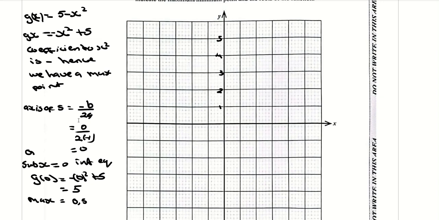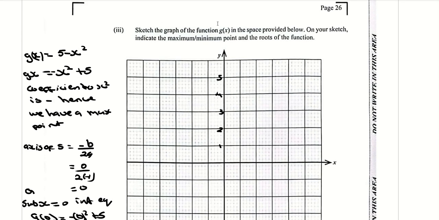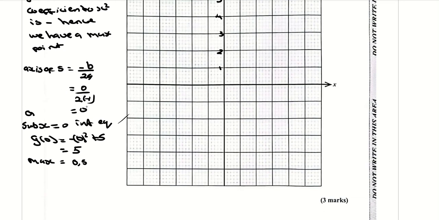Right, then we want the roots of the function. Roots of your function is when y is equal to 0. So when y is 0, that is 5 minus x squared is equal to 0.